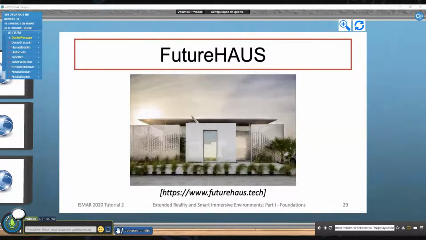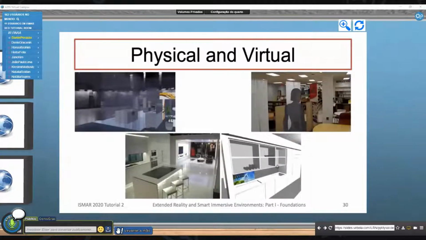So the FutureHAUS is now a smart built environment, and here we can see the final product. And the design process is actually fairly involved. You can use various extended reality applications to go from physical space to corresponding virtual space, to use mixed reality to explore in one-to-one scale the design of the physical space, so the design of that smart house, smart built environment in physical space.